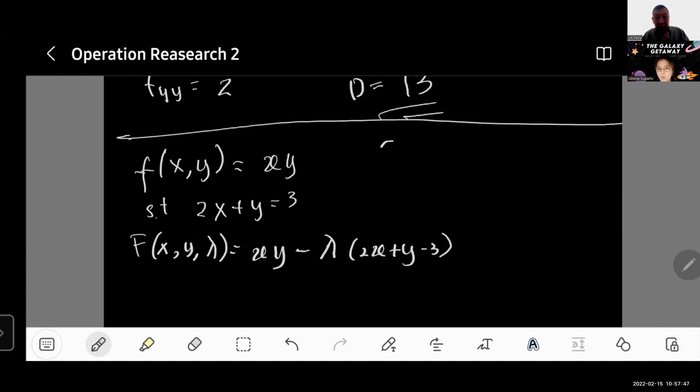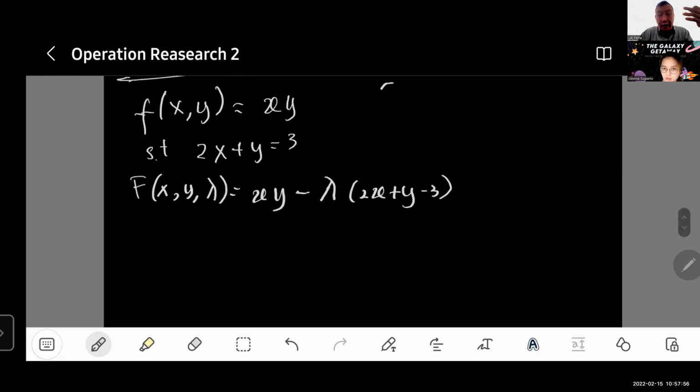Now what you need to do is to take the partial derivative with respect to x, to y, and to lambda, and then all of this equal to 0.